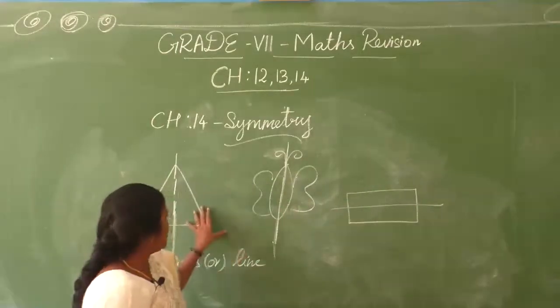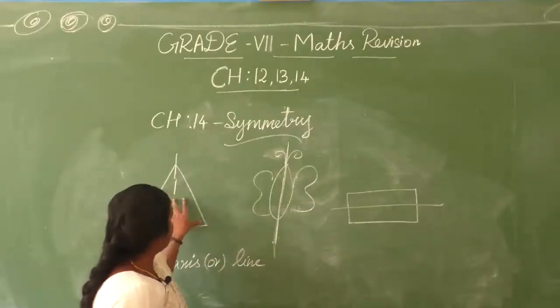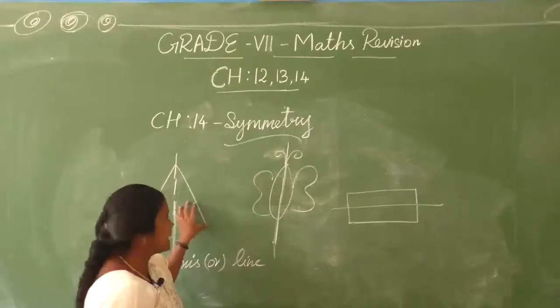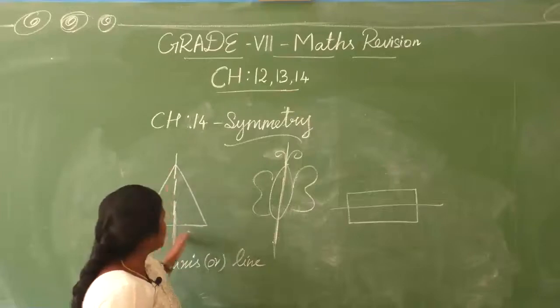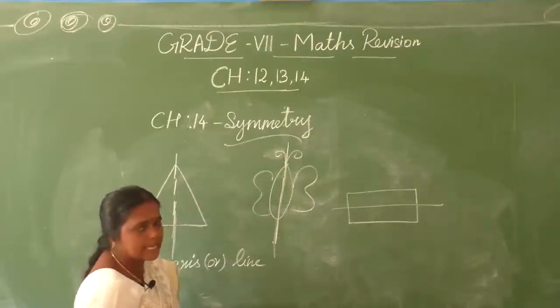Understood? So what I am trying to tell here, the figure is cut or folded into two pieces such that each piece is exactly matched with the other is called a symmetrical figure. The line which is making that figure into two halves is called a line of symmetry or axis of symmetry.